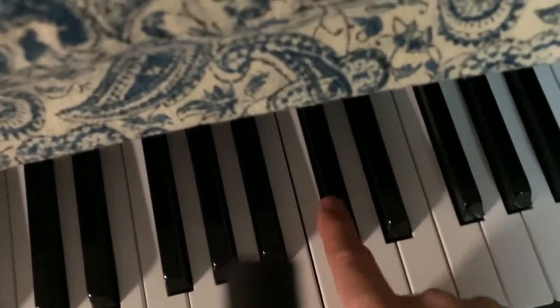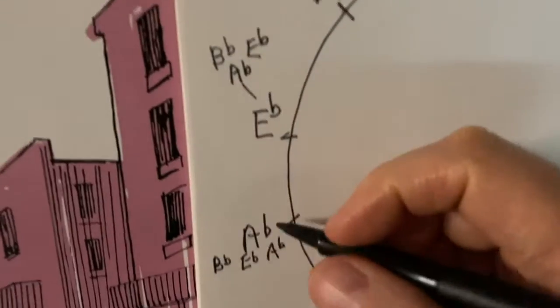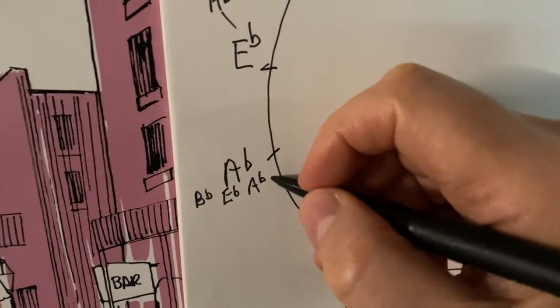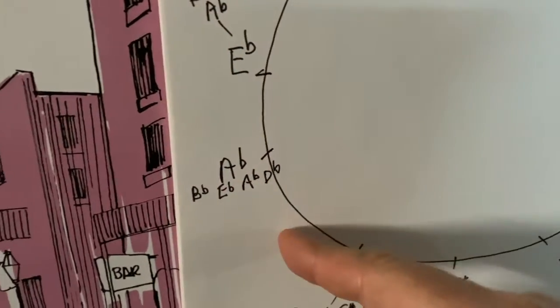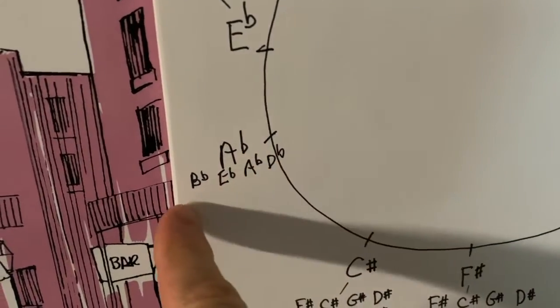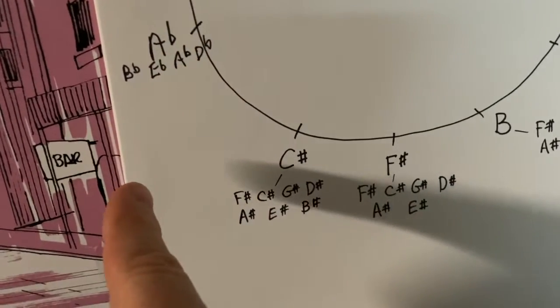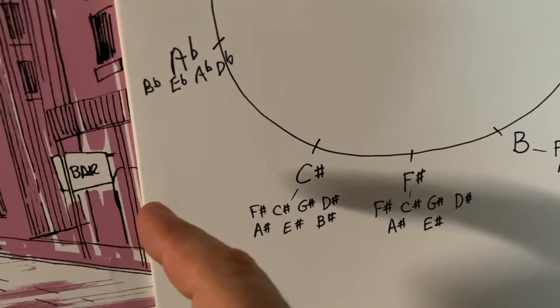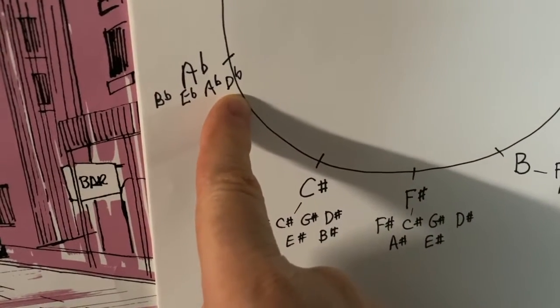It could look like C sharp, or it could look like what flat? D flat. We never mix sharps and flats, so these are all flats here going around this way. The key of A flat has B flat, E flat, A flat, and D flat. Now, D flat is the name of the next key.